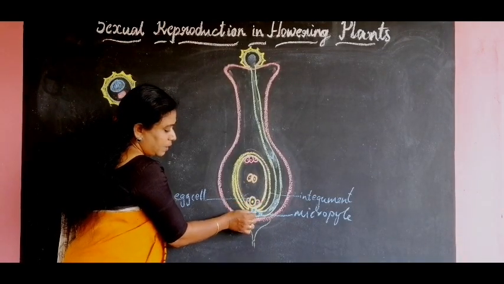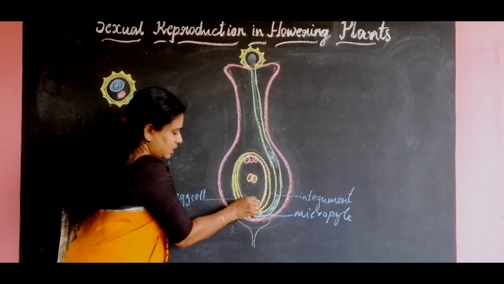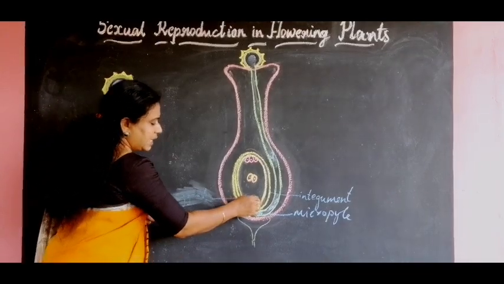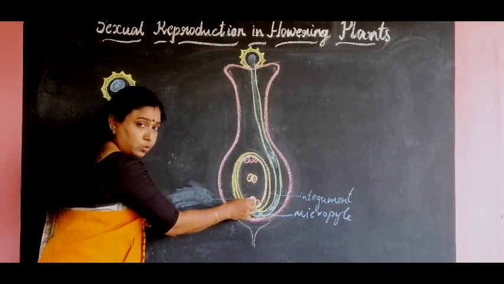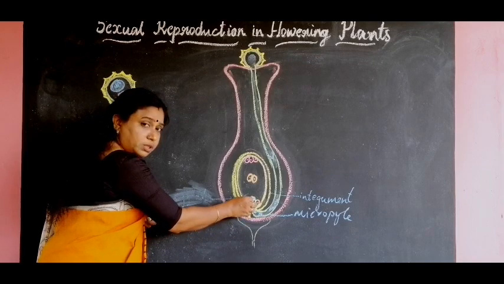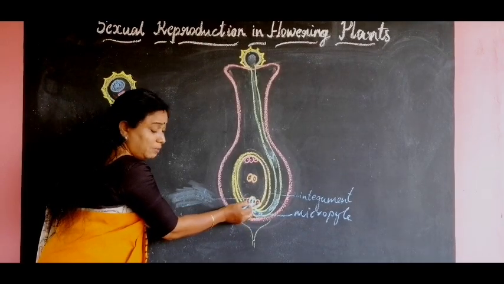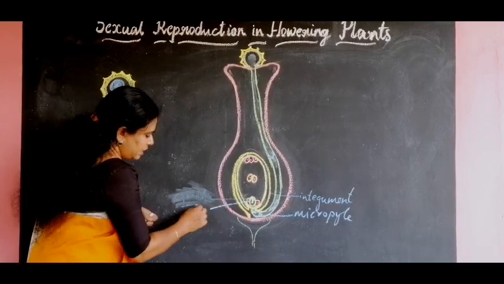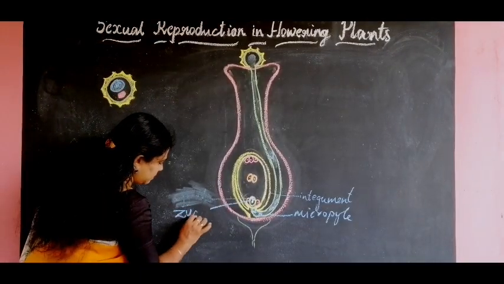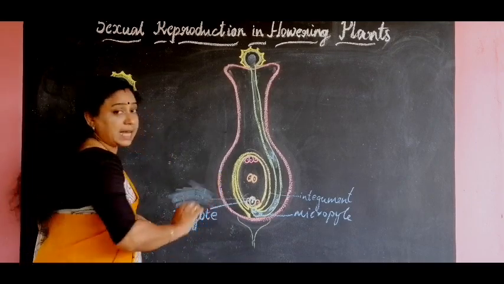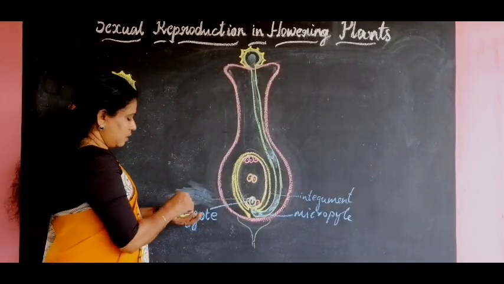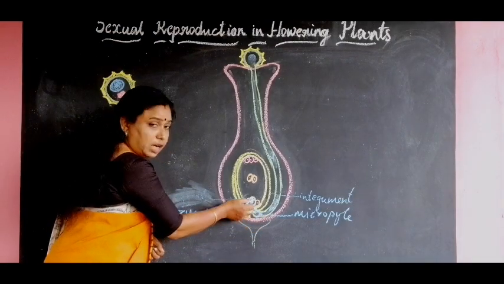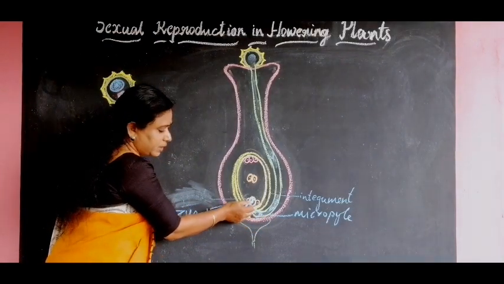One of the male gametes fuses with the egg cell. As a result of the fusion of the female gamete and the male gamete, what is formed? The zygote is formed. Now, what happens to the other male gamete? Only one male gamete fuses with the egg cell, or egg nucleus.